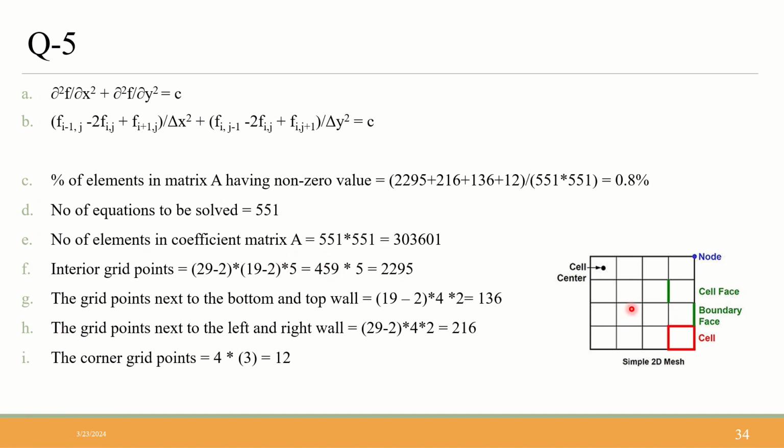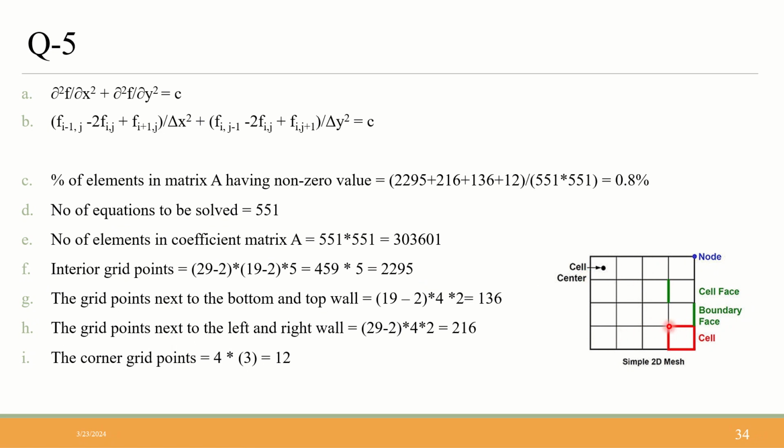And remember that in the interior points we have 5 variables. Okay, we have 5 variables which are present completely. So 459 into 5 we have 2295. 2295 grid points are present for those, and variables are present in those equations, in those elements. So 2295 variables are present. Now we should come to the bottom and top.